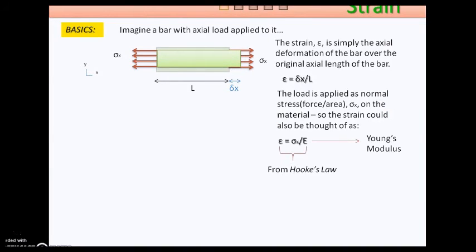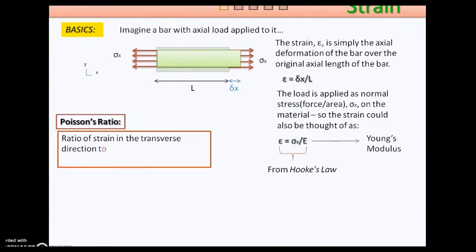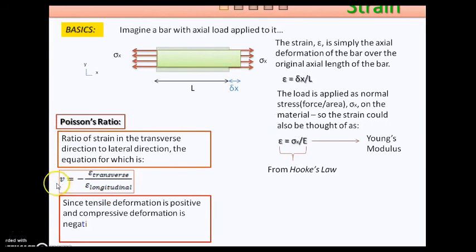If we think of the load resulting in normal stress, the strain, epsilon, can be represented by this equation here. There is another significant variable known as the Poisson's ratio, which is simply the strain in the transverse direction of a material divided by the strain in the longitudinal direction.